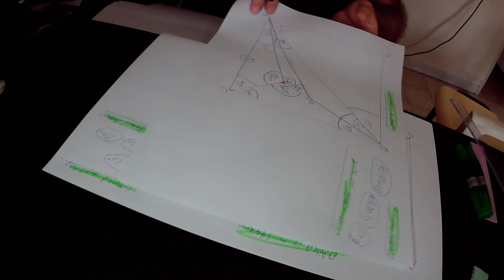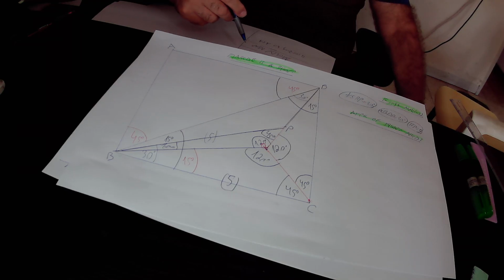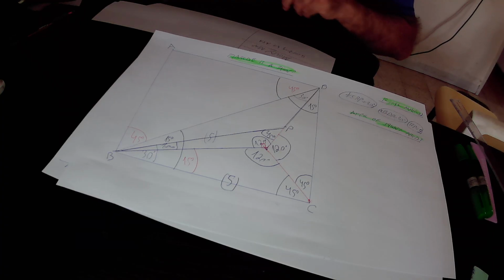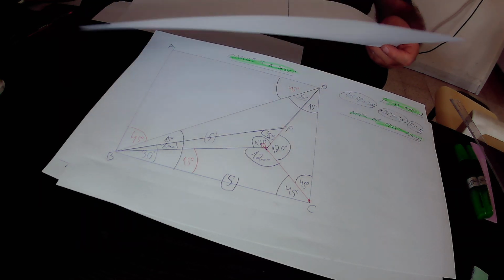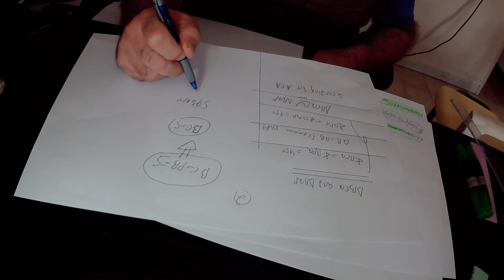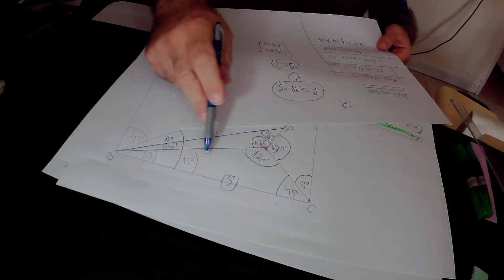So our task is to find the area of this big square ABCD. We know that the area of any square equals the length of one side of the square squared. So the area of the big square ABCD must be equal to the length of BC squared.